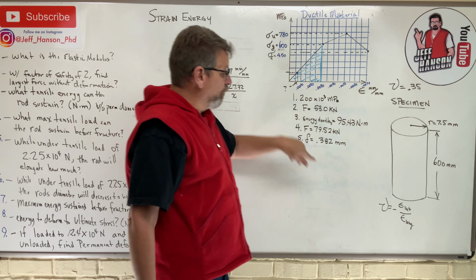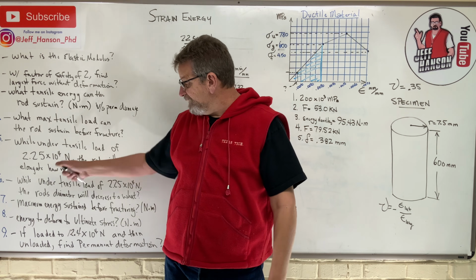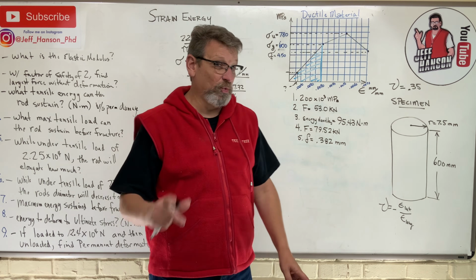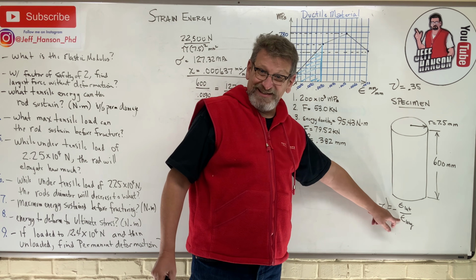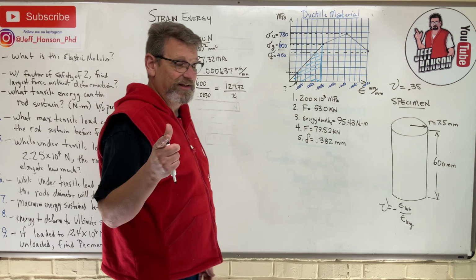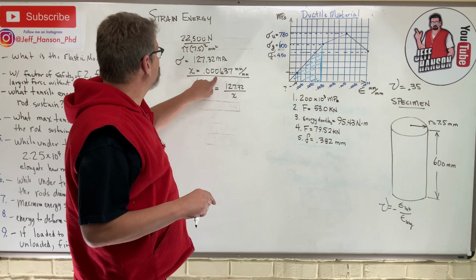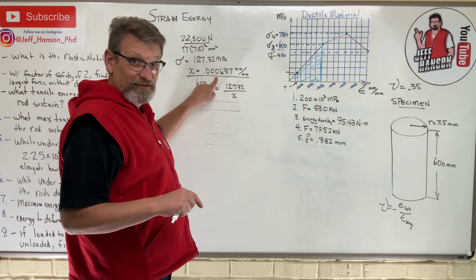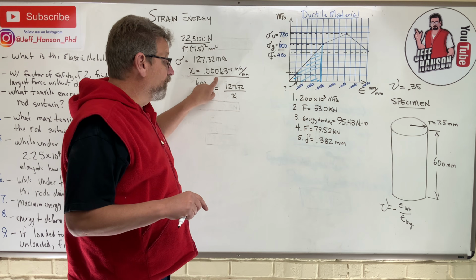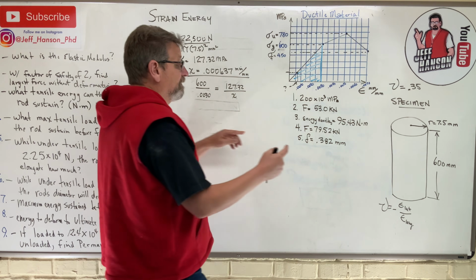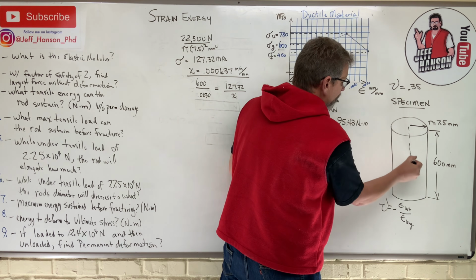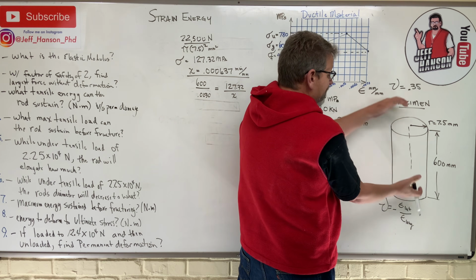So at that load, at 2.25 times 10 to the 4th, do we know what the strain longitudinal is? We just calculated that, didn't we? The strain longitudinal is that right there, isn't it? So how do I find the strain on the lateral?